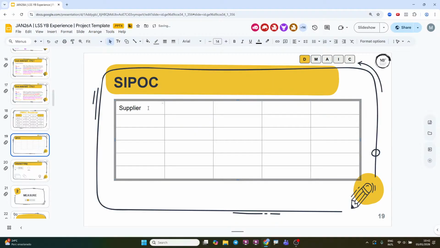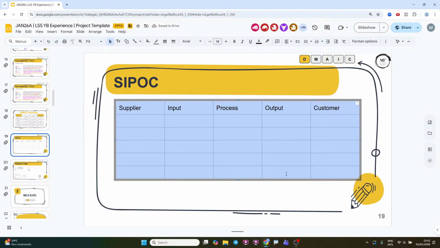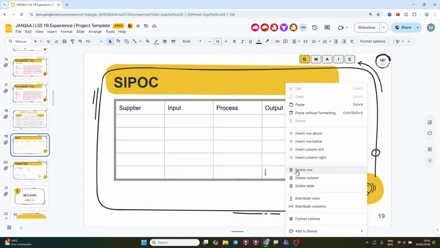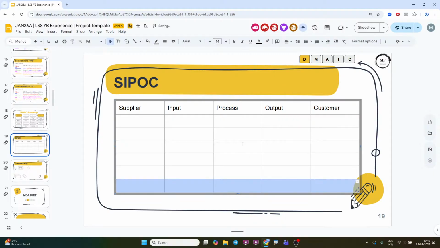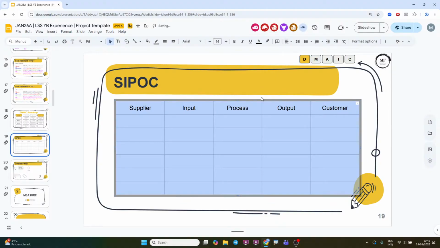SIPOC stands for supplier, input, process, output, and customer. Okay, let me add one more below. And so with SIPOC, you always start with the process.